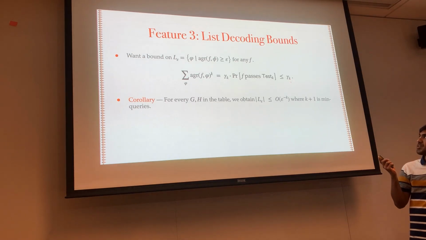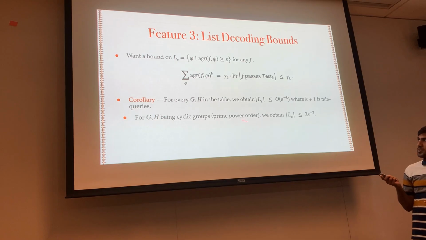As soon as you have the smallest k for which gamma is constant, you get this list decoding bound. So for example, for cyclic groups of prime power order, we get a bound of 2 over epsilon squared.